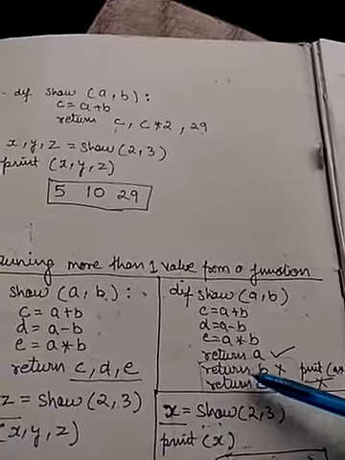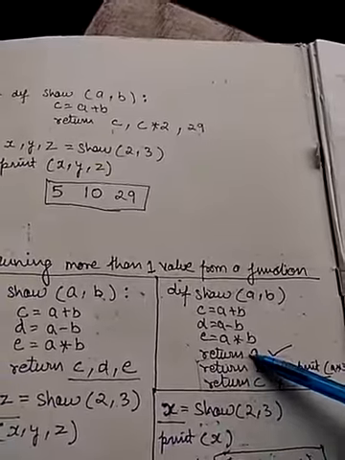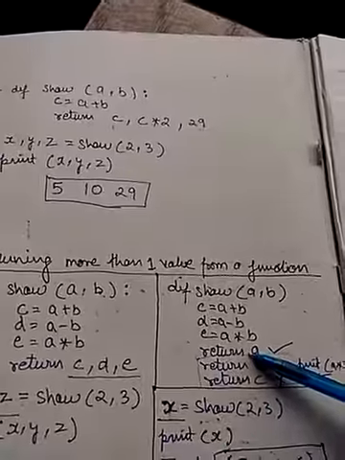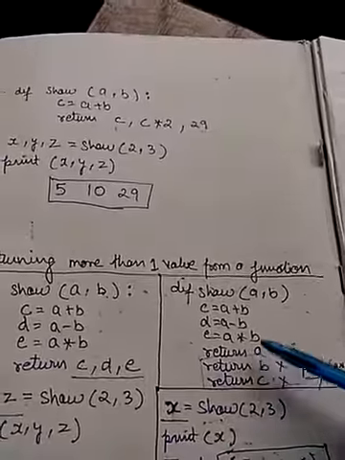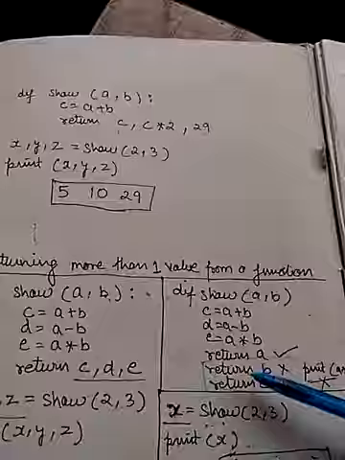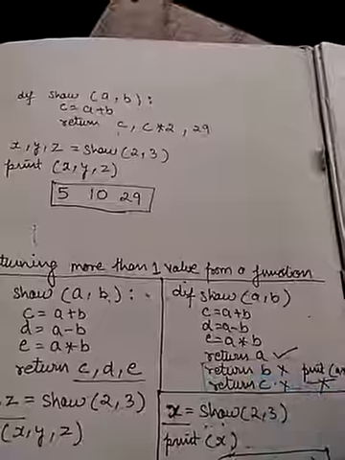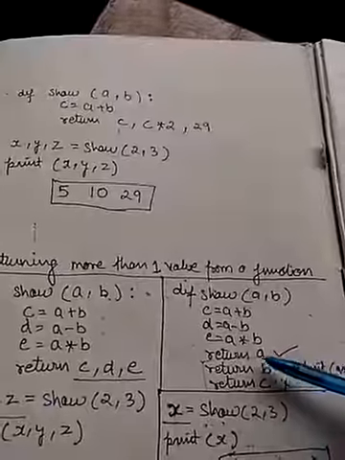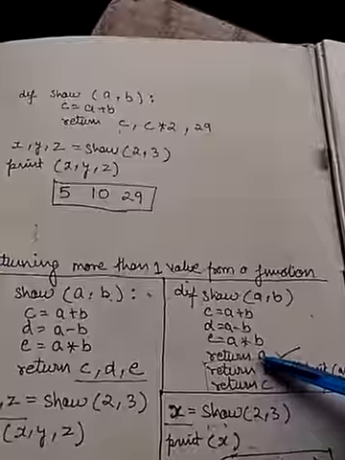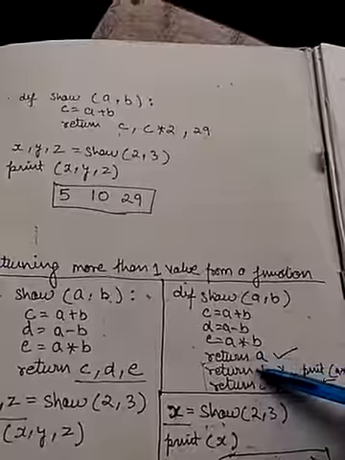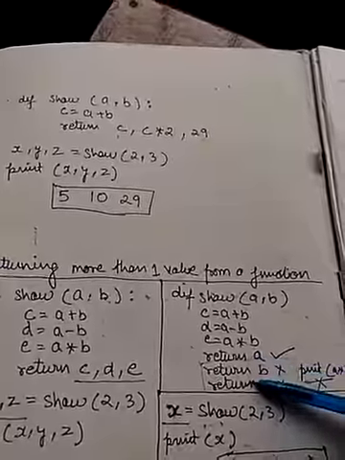Why does this happen? Because whenever the return statement executes, the interpreter transfers the control from the called function to the calling function. That's why the statements written after the first return statement are not going to execute.